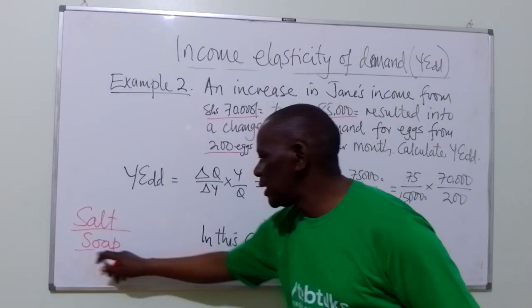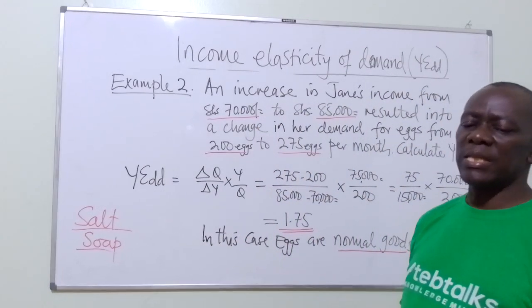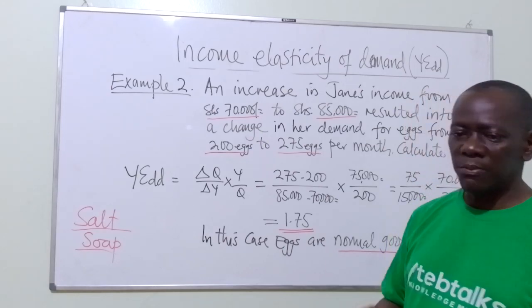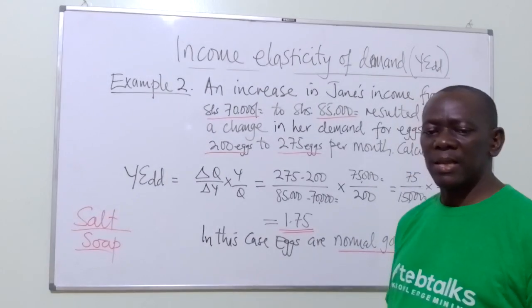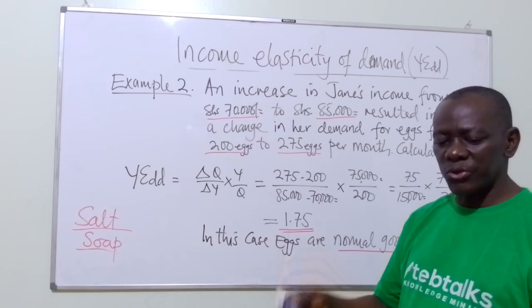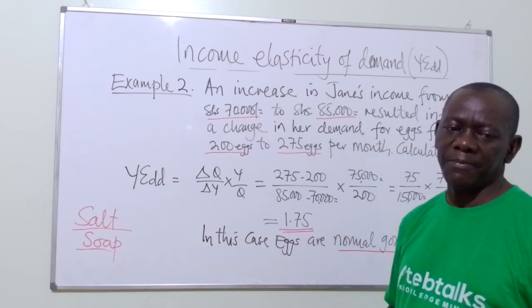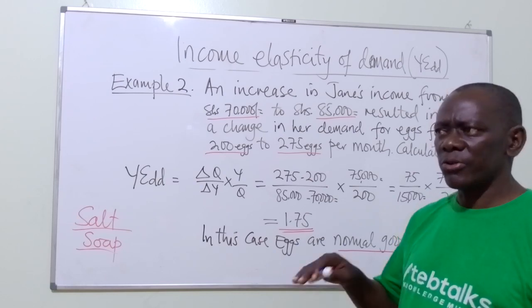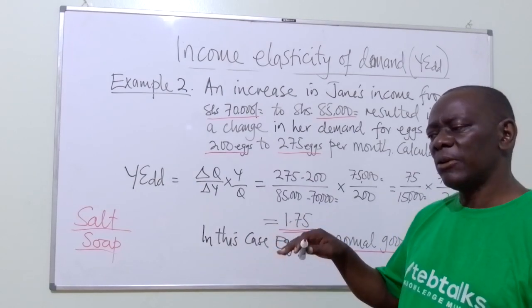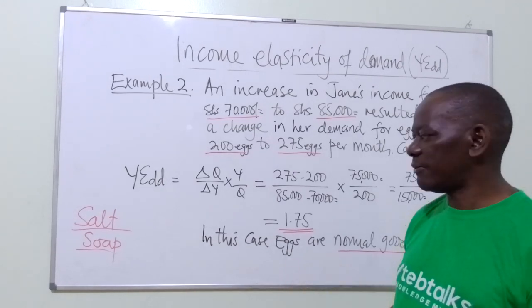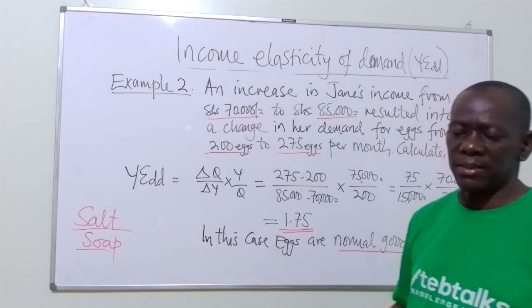So for these ones, the responsiveness is 0. When your income increases from 1 million to 10 million, the amount of salt you are going to consume in your sauce will be the same. Okay, sugar you may also increase, but it will reach a point when you may not add beyond a certain level. But these ones are necessities.